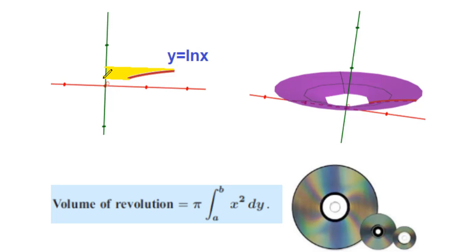The y value will be from 1 to 5. When we rotate across the y-axis, you will see a solid like this. Still, we can put a disk to fill in this solid. We can use this formula to work out the volume of this solid.